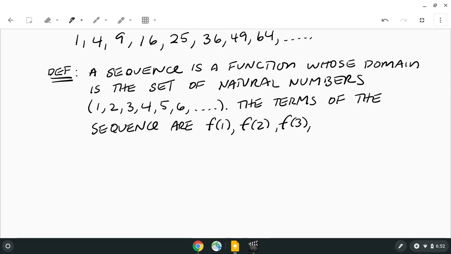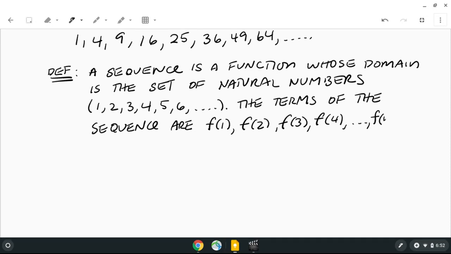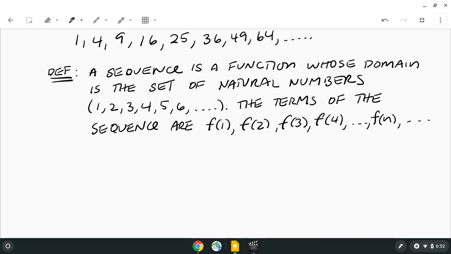So you plug in 1 to find out what your first term is. You plug in 2 to find out what your second term is. You plug in 3 to find out what your third term is, etc. And this keeps going.